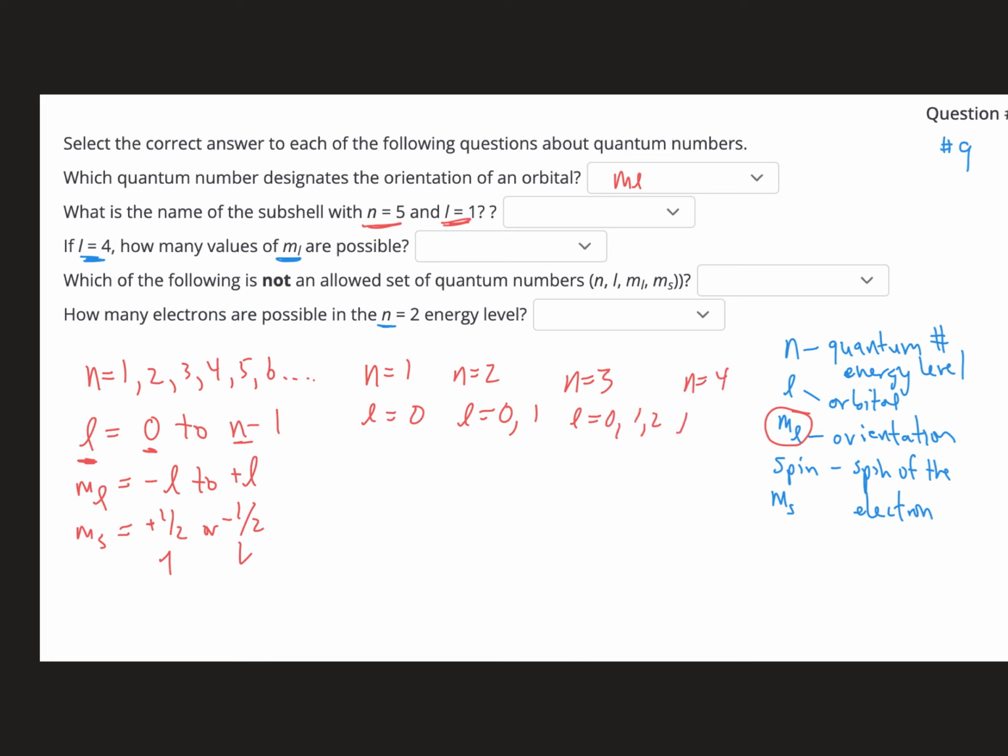N equals 4, L can be 0, 1, 2, or 3. When L equals 0, that is our s orbital. When L equals 1, that's our p orbital. When L equals 2, we're talking about our d orbital now. When L equals 3, that is our f orbital.